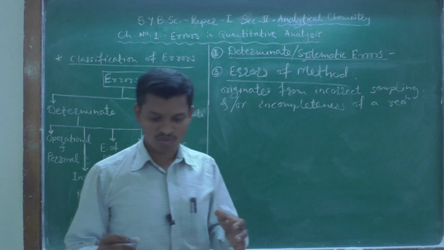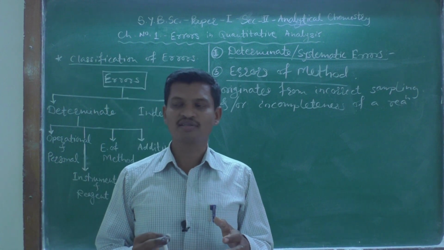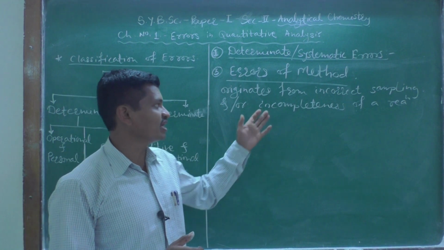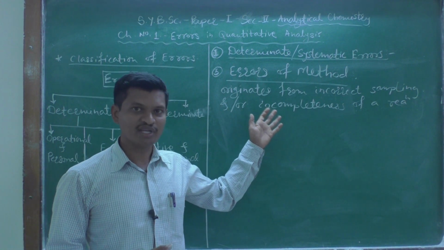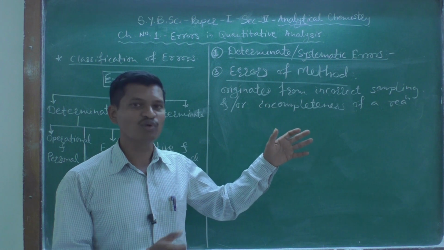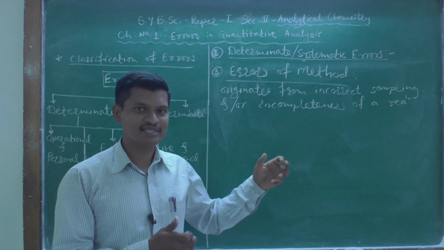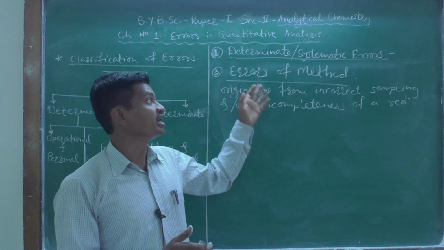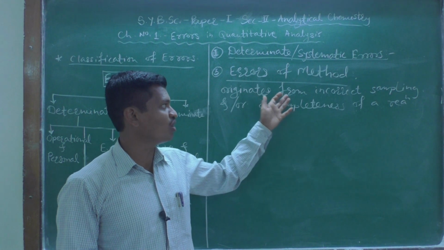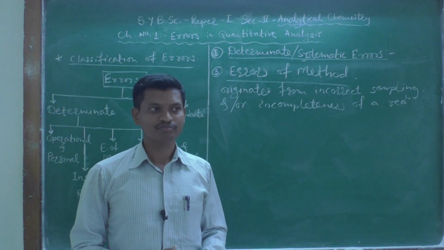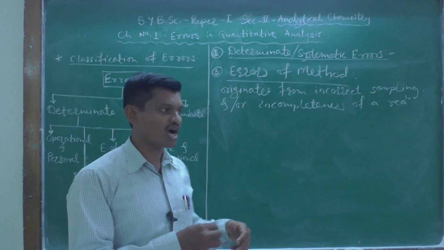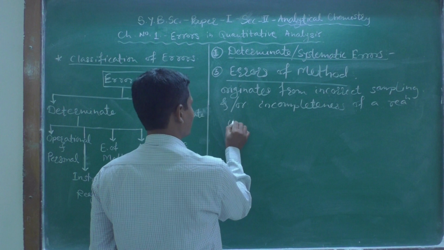Means for doing a particular analysis, if we have to perform a particular reaction, then if the reaction is not completing, or it is completing only 80 to 90%, and finally we are doing analysis, then errors of method are also occurring. Or it may occur from incorrect sampling, so sampling is done incorrectly.